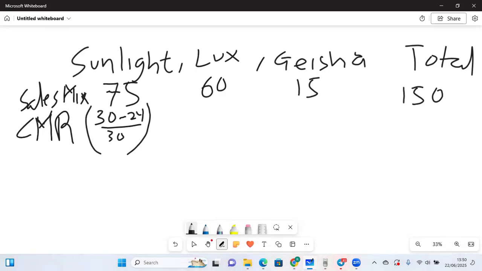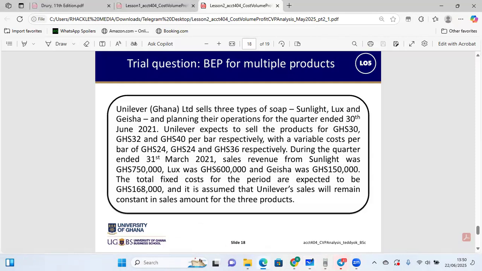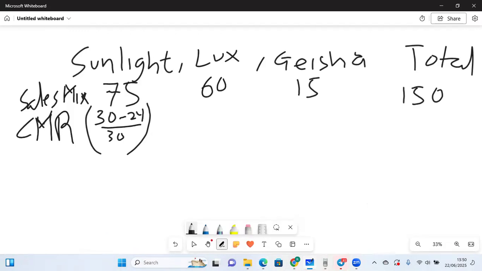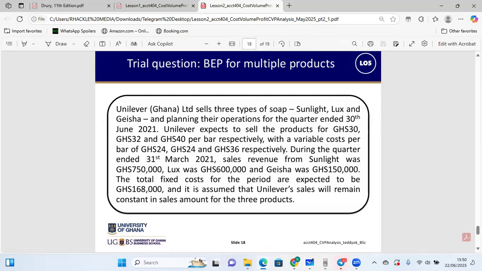Now, the next one here is going to be 32 minus 24 all over 32. And then the last one here is going to be 40 minus 36 all over 40.